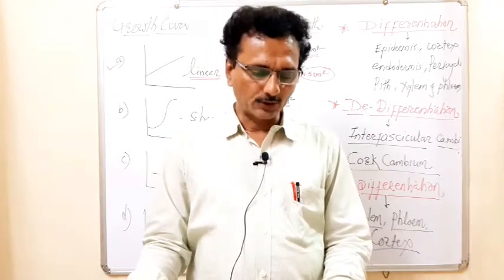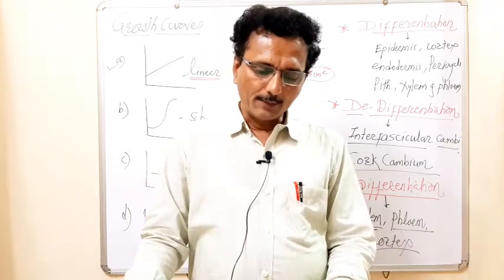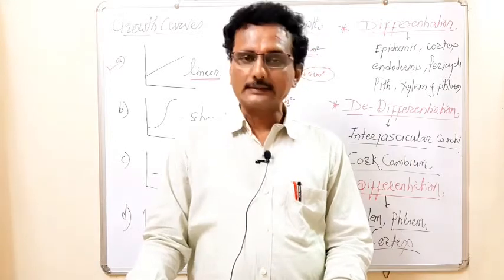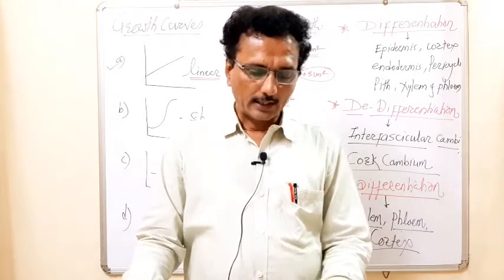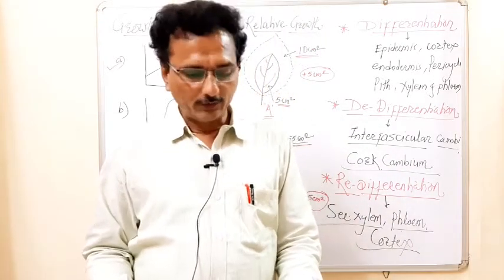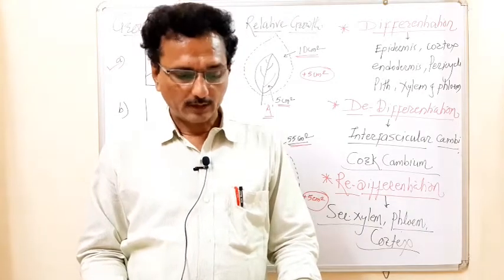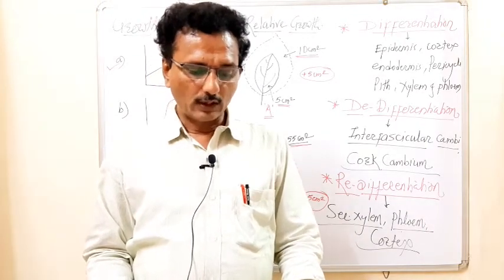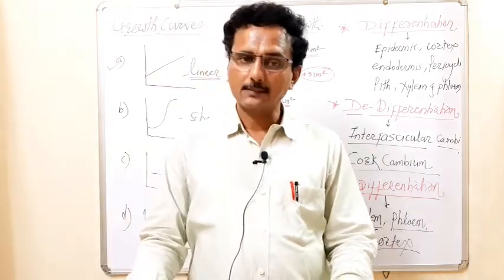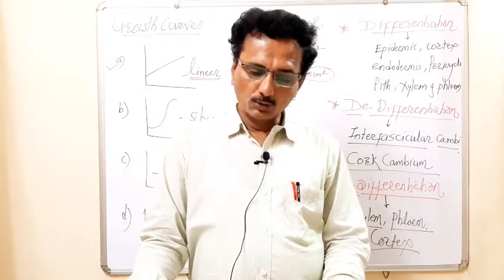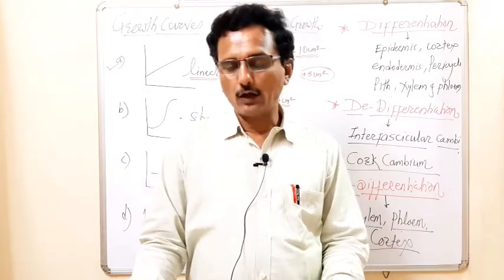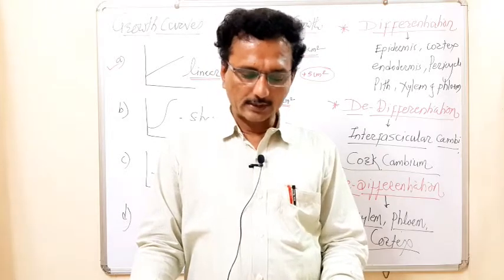See the second option. The absolute growth for leaf A is 100%, relative growth rate for leaf A is 5%, absolute growth for leaf B is 10%, and relative growth rate for leaf B is 5%.